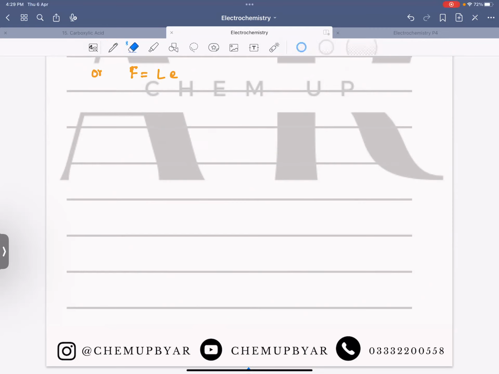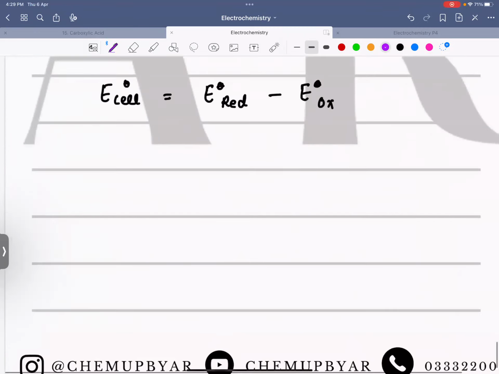So whenever the examiner asks you to find the E0 of the cell, we would do E reduction minus E oxidation.